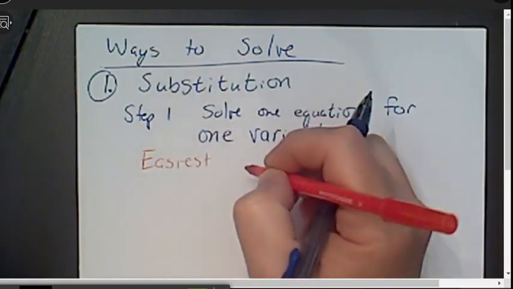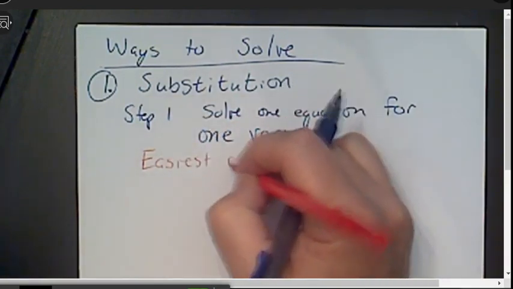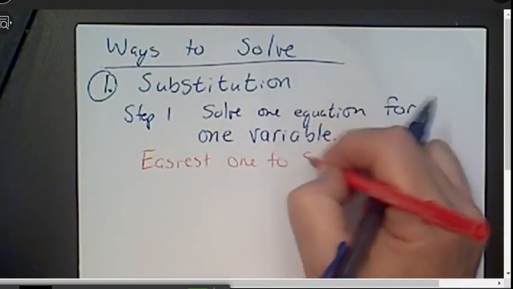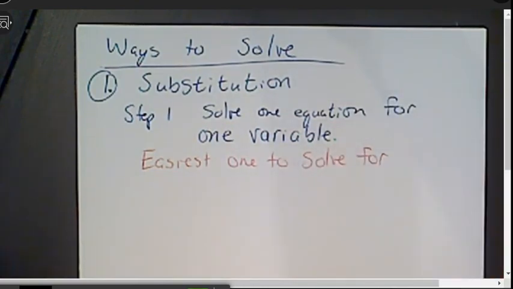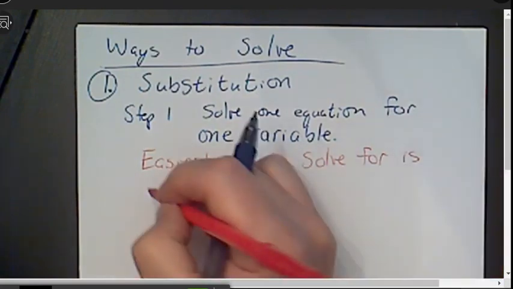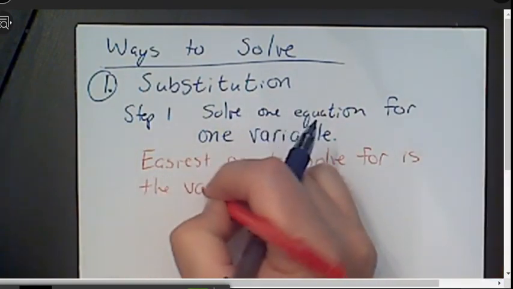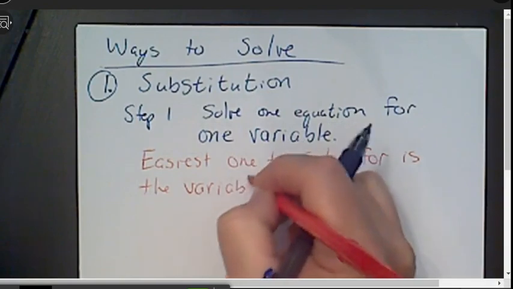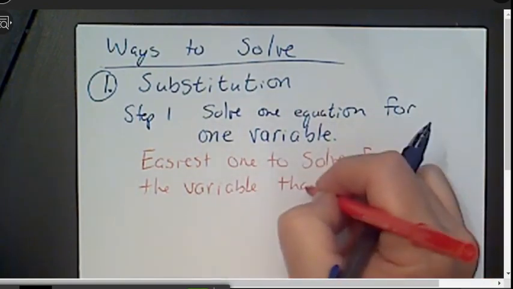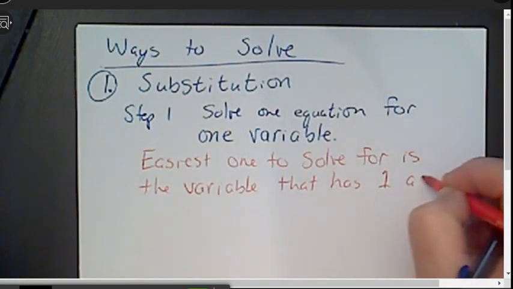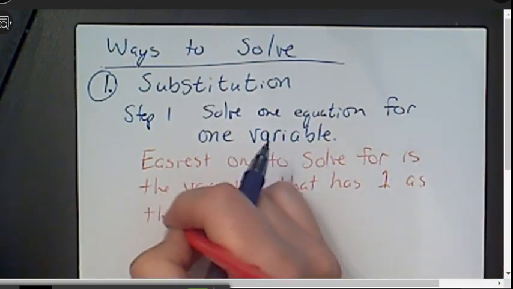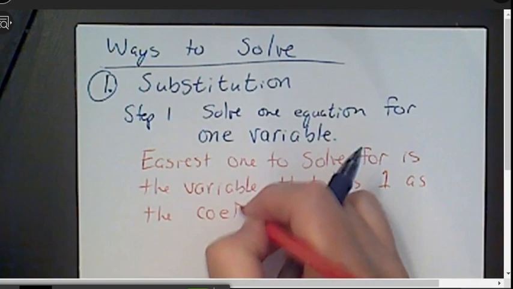The easiest one to solve for is the variable that has 1 as the coefficient.